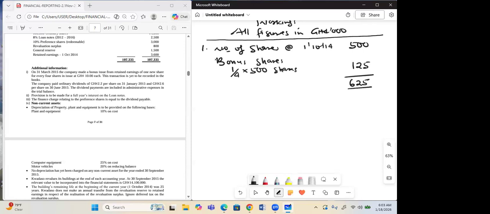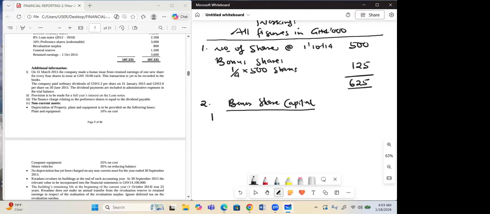Good. But then the bonus issue, they say it was done from what? From retained earnings, right? Yes, please. So it means that we'll go and take the 125, the capital. The capital that should be taken out of retained earnings, we'll say the bonus share capital. It's not supposed to bring any capital, but they've told you clearly that it was done from retained earnings.